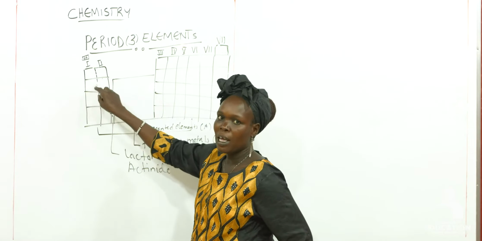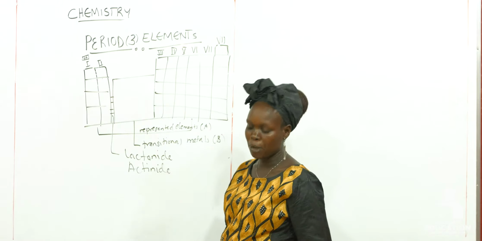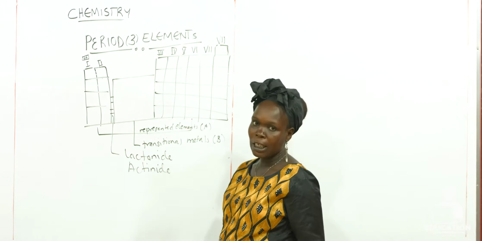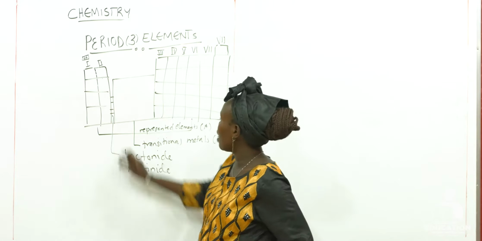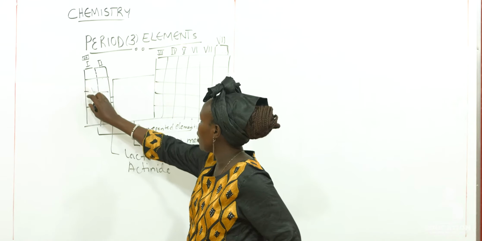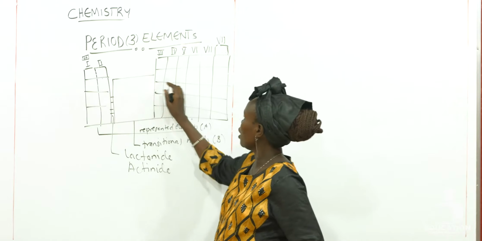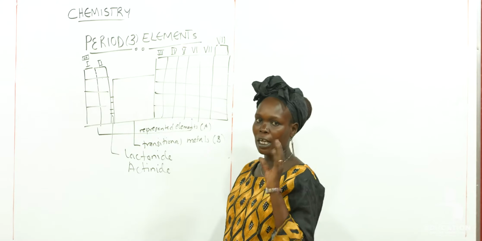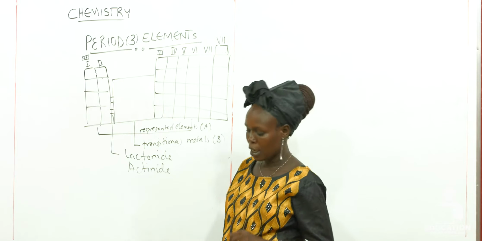So this is where we are going to study the elements. Period 3 has 8 elements: 1, 2, 3, 4, 5, 6, 7 and 8.